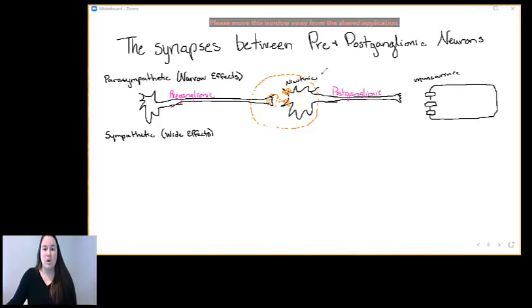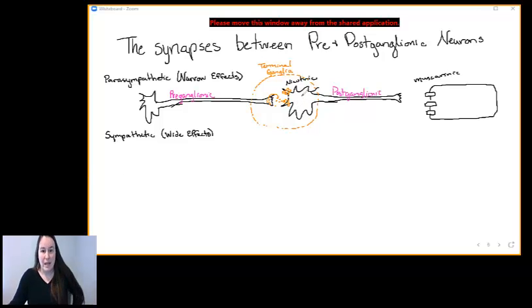This dotted line around this synapse is supposed to represent things that are occurring in a ganglia. And you may recall or not that the specific ganglia we're talking about in the parasympathetic system is called the terminal ganglia. So here I have my first synapse, neurotransmitters released, and you may notice in the black right here that we have a nicotinic label.